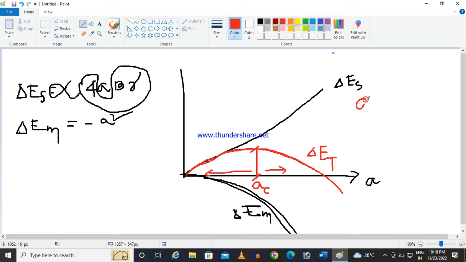Okay. So now, if the crack length is less than the critical crack length, then that crack will not grow. And if the crack length is higher than the critical crack length, then it will grow and the fracture will take place.